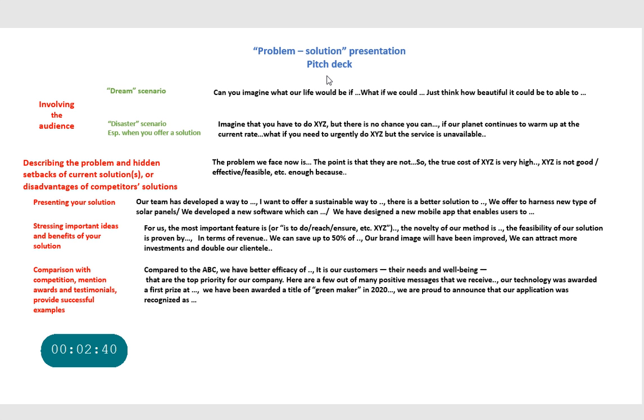Now, we come to the outline of the perspectives. Again, you can go back to either dream or disaster scenarios with the same purposes we have discussed earlier. Just remember to balance your disaster scenario with the positive outcomes of your solution by using linking words of contrast.